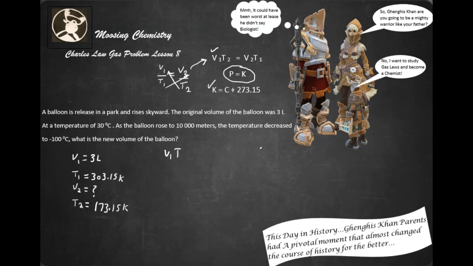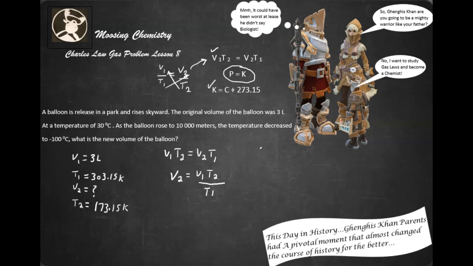V1 T2 equals V2 T1. And we derived that by what we did up there at the top. So we want to isolate for V2. So that means we're putting V2 on the left. Then we're going to go V1 T2, and then we're going to move the T1 underneath, just like that. See that? So that works pretty darn well.